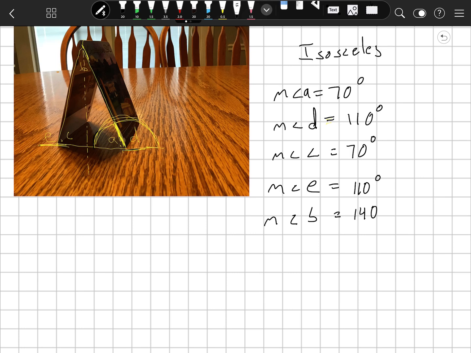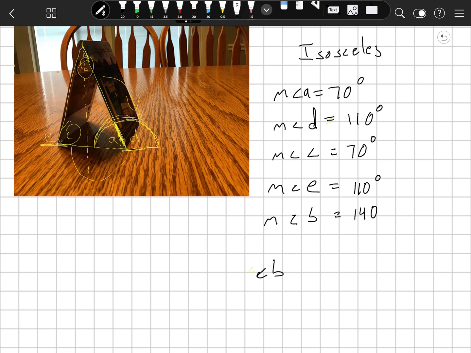You could also say angle B plus angle C equals angle D. This is called the exterior angle theorem. Angle B plus angle C equals angle D. Let's just see if it works.